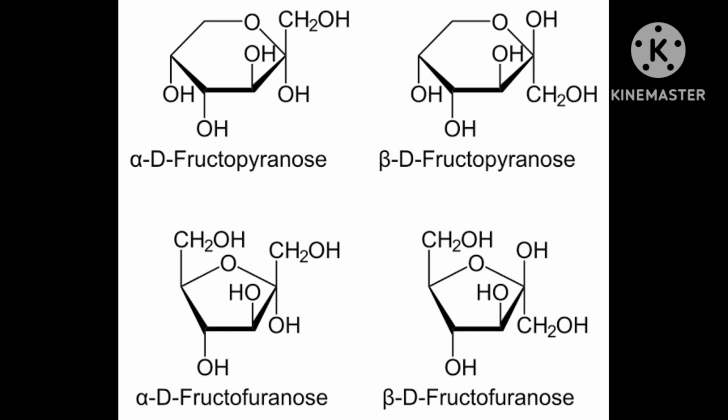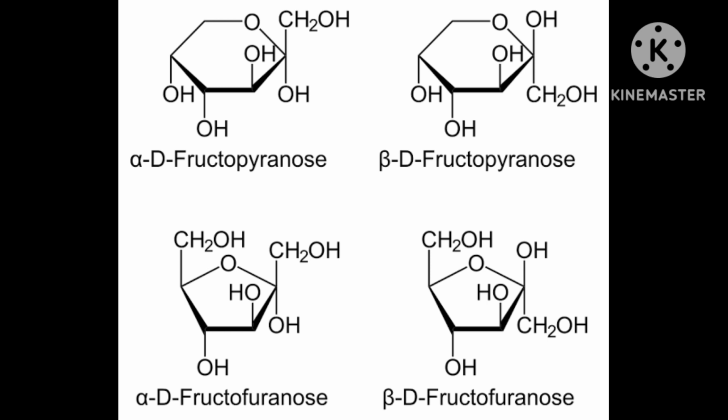The cyclic structures of the two anomers of fructose are represented by Haworth structure. This is also represented by Haworth structure, the same way I discussed in the case of glucose. The only difference is that this is the 6-membered ring, and this is the 5-membered ring. Then at carbon number 2, CH2OH and OH are there, I already told you.